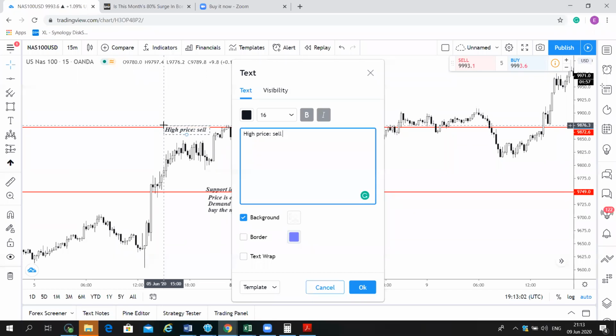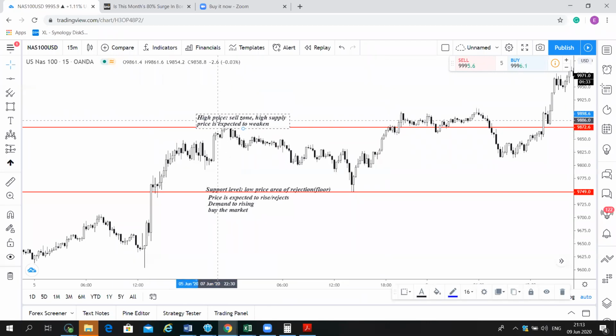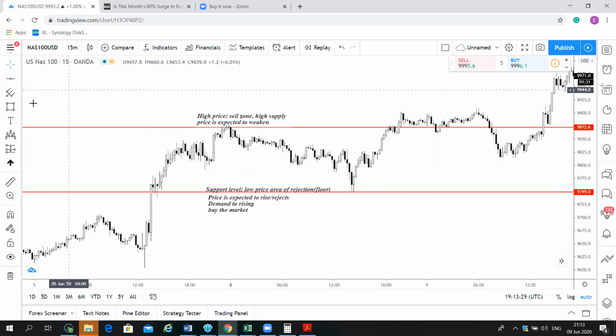Therefore, here we're looking for a sell zone, meaning there's a lot of supply, high supply, and price is expected to weaken. That is your resistance area.